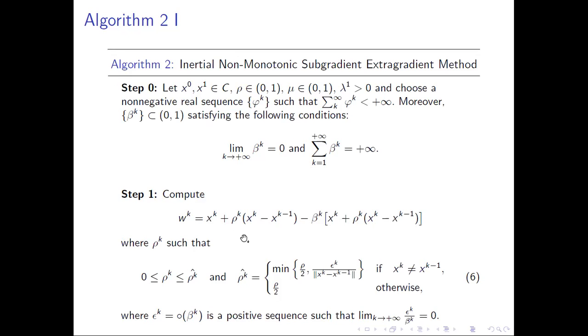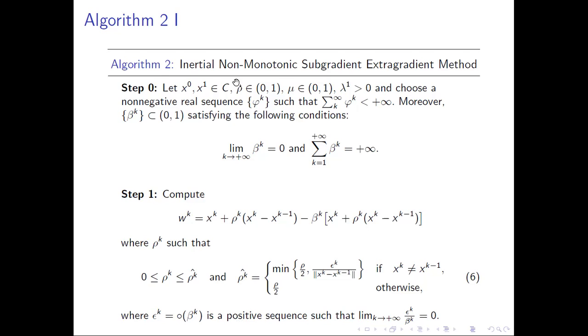First, we compute the inertial step, which is defined like this. We add this term beta k times xk and rho k, and this term helps to prove the strong convergence. Rho k is defined this way, and epsilon k is dependent on beta k.